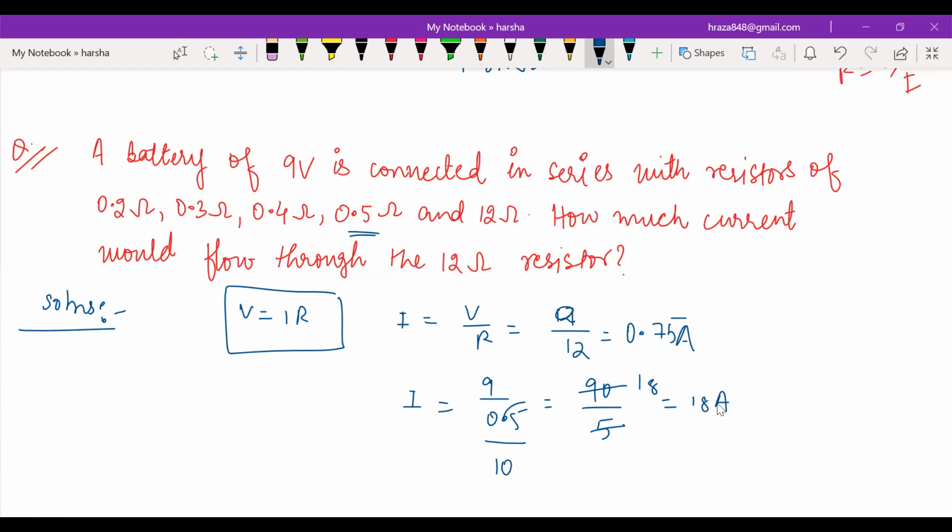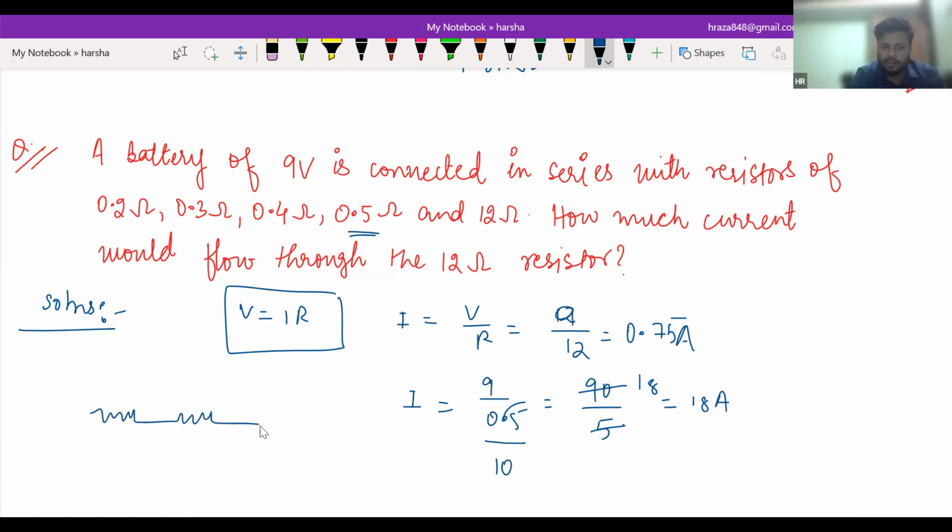No, sir. No, because in series combination, all the resistances are in the same line. So if 18 ampere is going through the 0.5 ohm, then through the 12 ohm resistor, will this 18 ampere go or not? Are you getting my point, Harsha and Abdullah? Yes, sir.